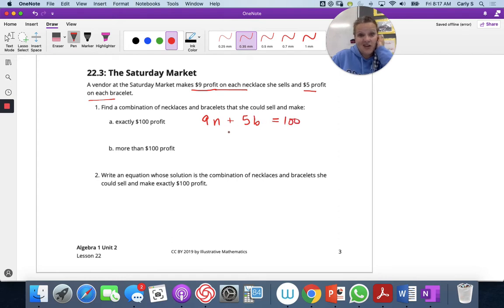So let's just look. Let's see, if I sell 2 bracelets, just guessing, how many necklaces could I sell to make exactly a $100 profit? I'm not sure if this is going to work. Yeah, so 5 times 2 is 10. Subtract 10 from both sides.